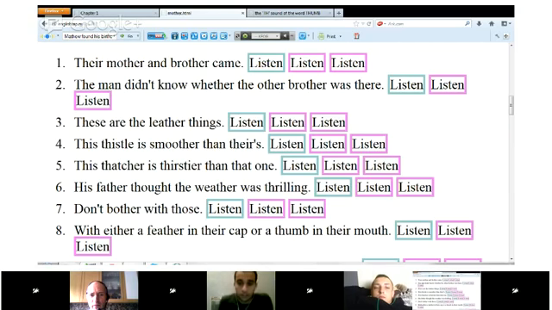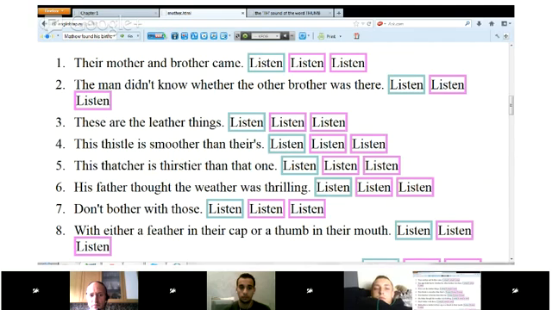I read the first sentence. Yeah, no, yes, that's it, please. Their mother and brother came. Yeah, the word there, so like mother, so we've got mother, and actually the way I do it, I just say the, and there.